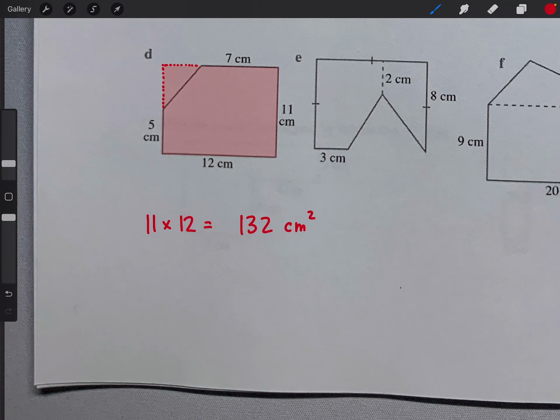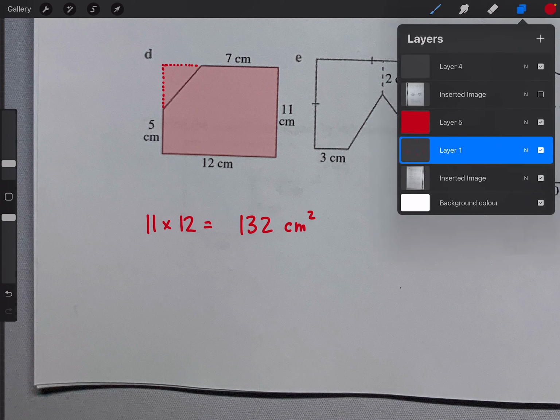But we don't want the entire rectangle, we have to cut out that top part, okay? So we have to remove the top part, which I'm gonna color in.